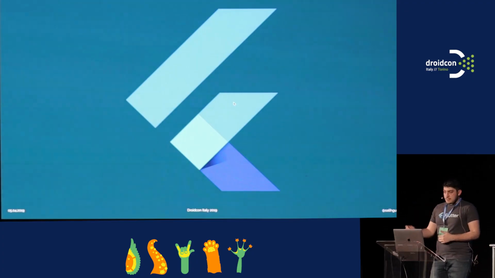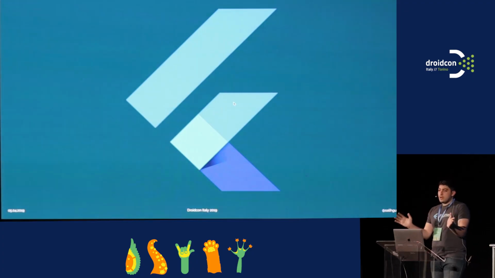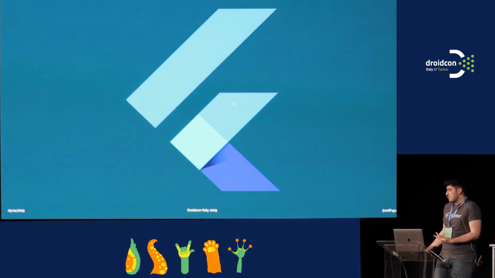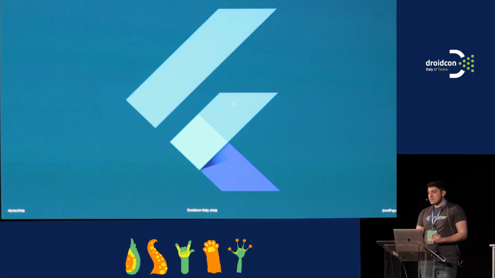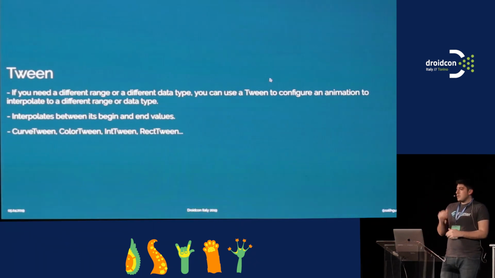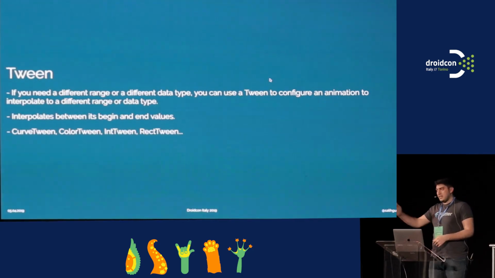But let's assume that so far we have only used doubles. But as I said, we can use colors, we can use rect, we can use offsets, right? And for these purposes, we are using the tween classes. Tween has the same meaning that I told you before. You need to give a beginning and an end value.